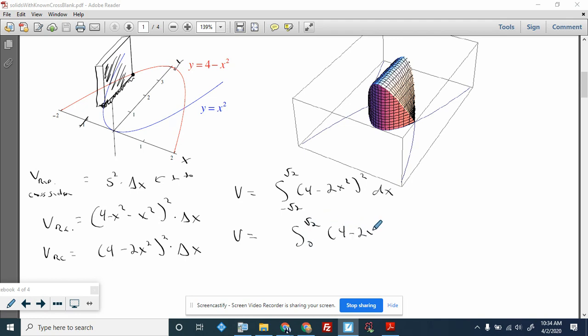And you're like, well, what's that going to do? That's going to only get you half the volume if I go from 0 to radical 2. And you'd be correct. So what do you need to do? You need to double it, right? So again, if you're doing it by hand, that's great because now you're plugging a 0 in as opposed to a negative radical 2. And who wants to do that? Answer is no one.